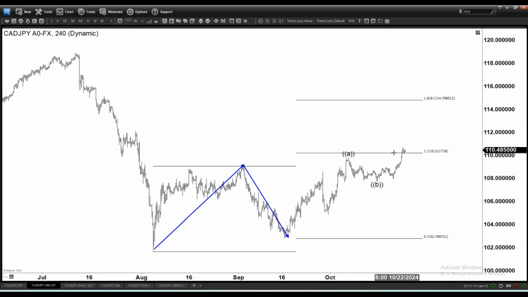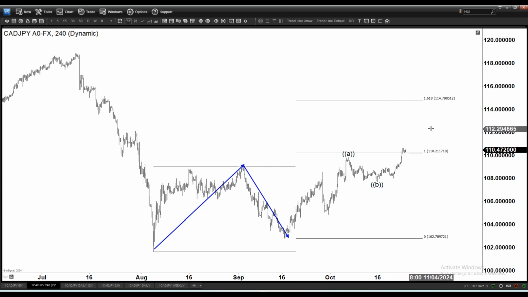So that means we are kind of in the zone, in the time where the current rally actually can finish. But this is an inflection zone in the 4-hour. So let's not pretend we can pick the exact timing or the exact level, right? Because that's kind of not possible.